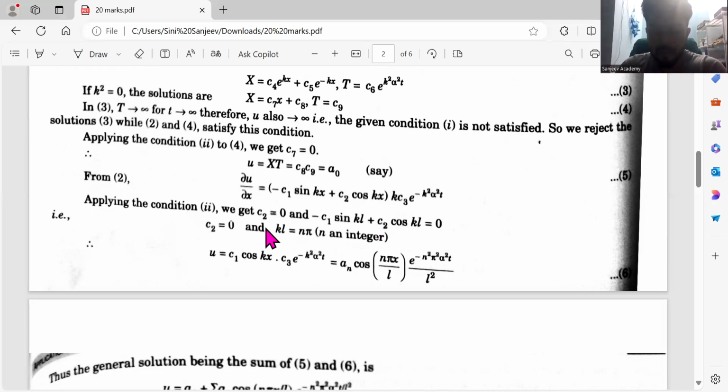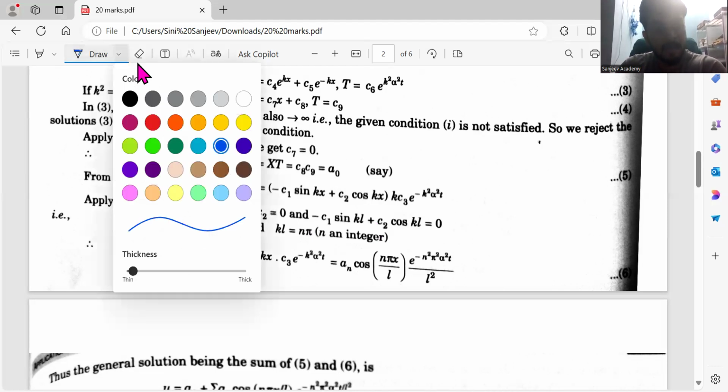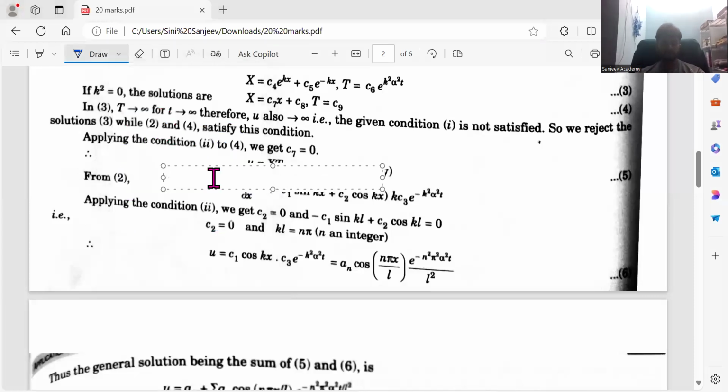0. Okay. Sin KL, let me see whether I can write it down here only. Sin KL is equal to 0. Correct?